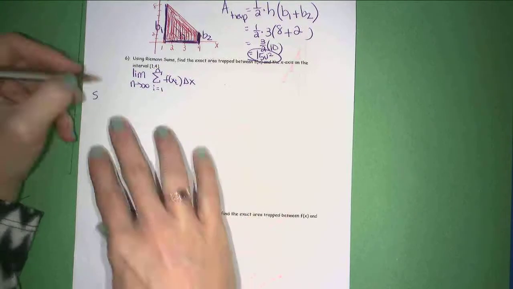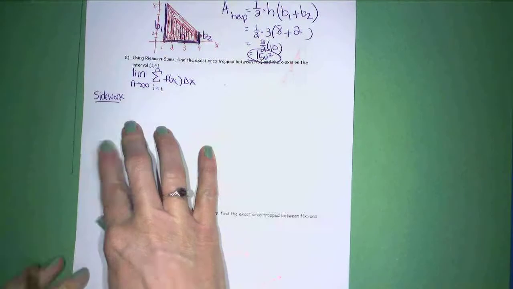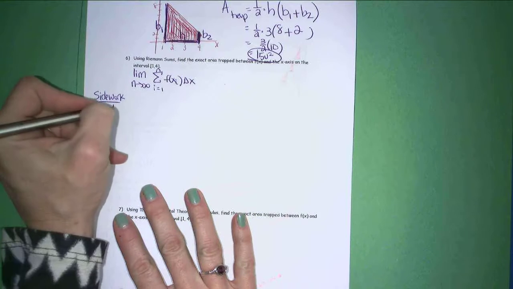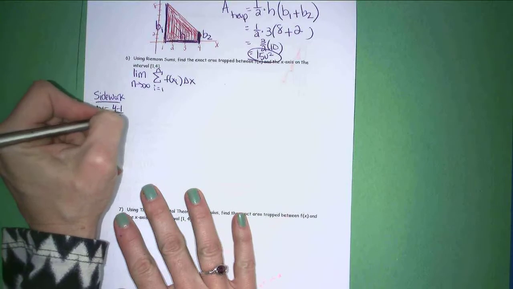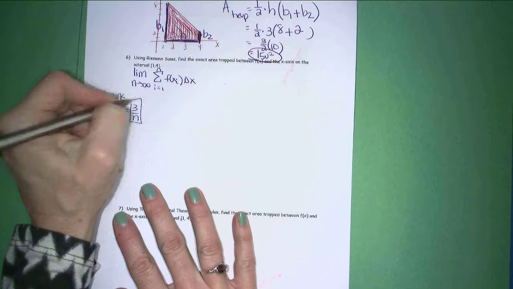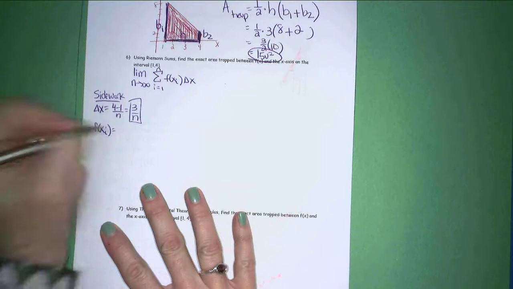You all know I go immediately to my side work, where I find 3 things. Step 1, I find delta x. Delta x is b minus a over n, or 3 over n. Step 2, I find f of x sub i.